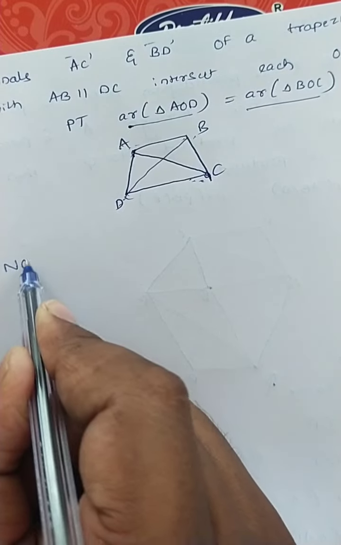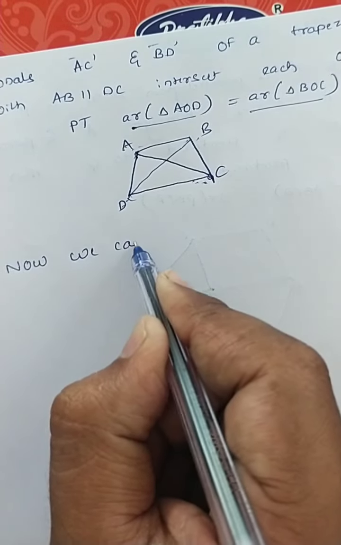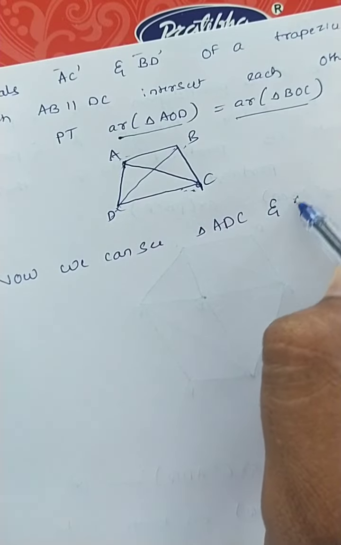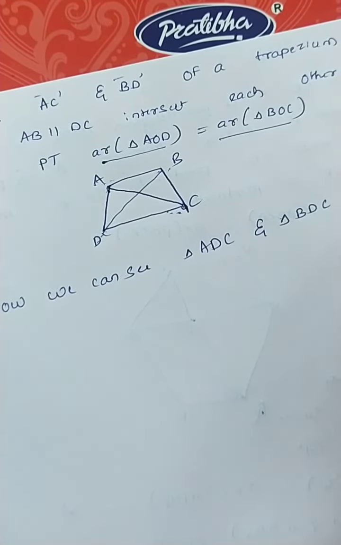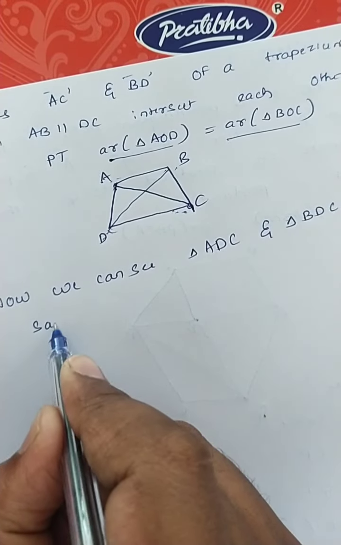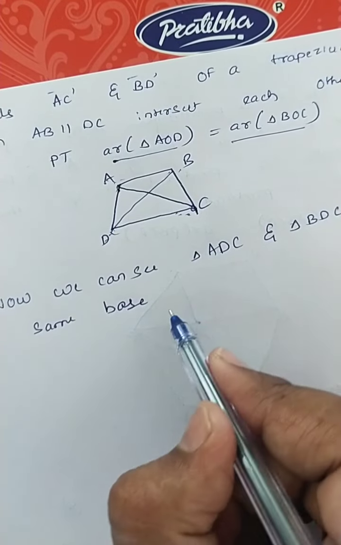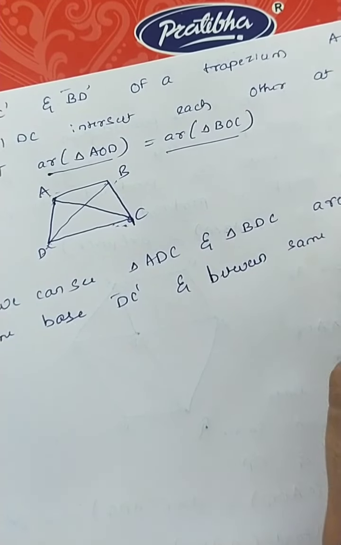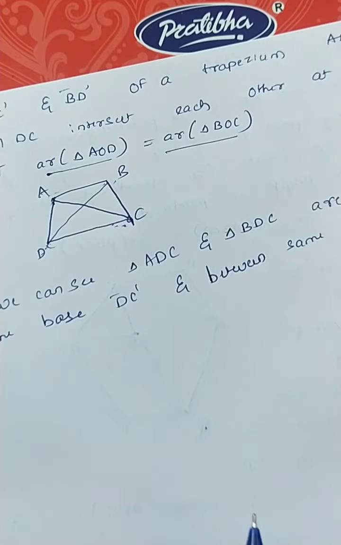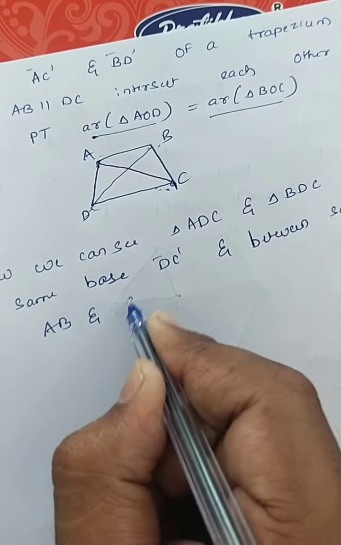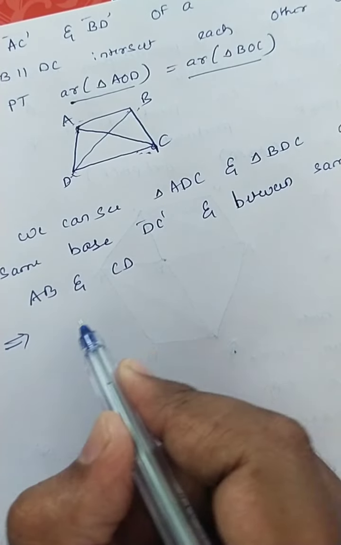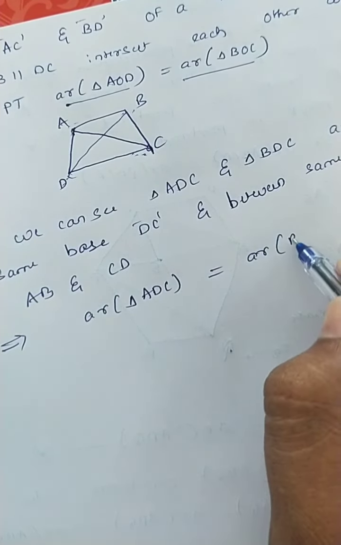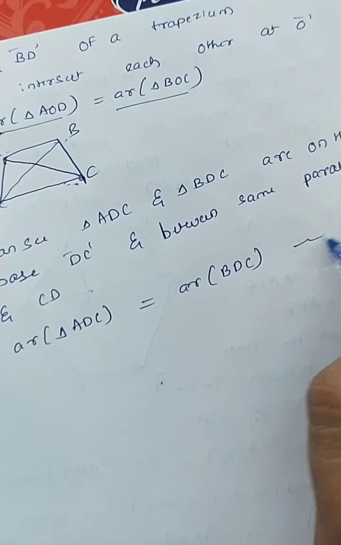What can we write from this? We can write that the area of triangle ADC is equal to the area of triangle BDC. Call this equation 1.